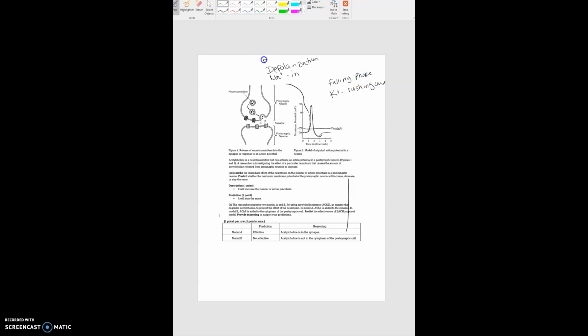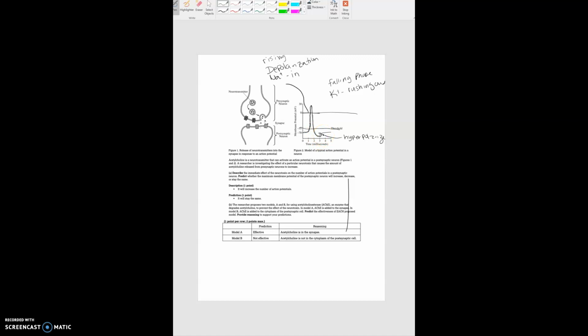This was our rising phase. And when we reach down here, we are becoming hyperpolarized, because we are moving further from zero. So this is neutral, and on our depolarization we are moving closer to neutral, and on our hyperpolarization we are getting further from neutral.